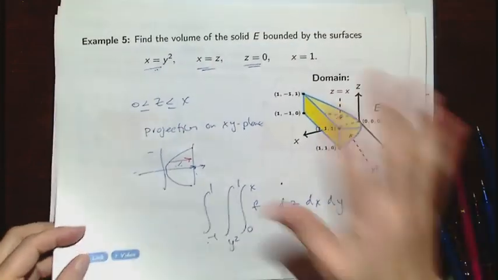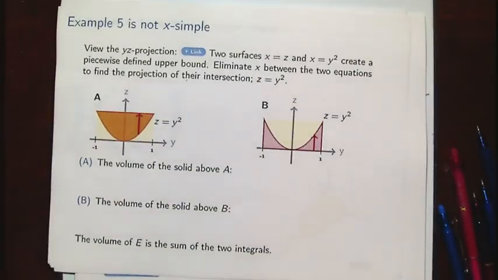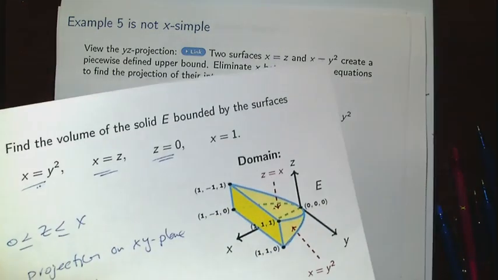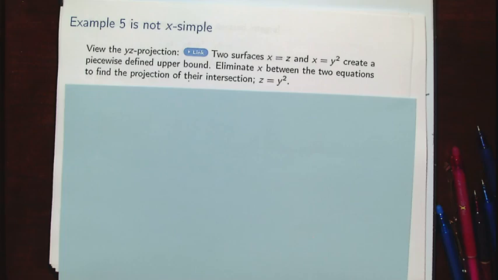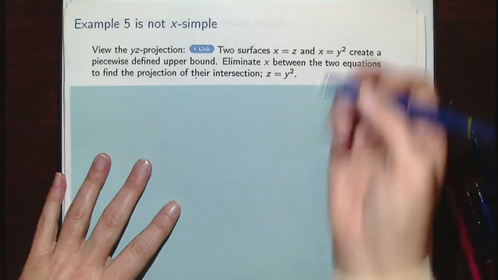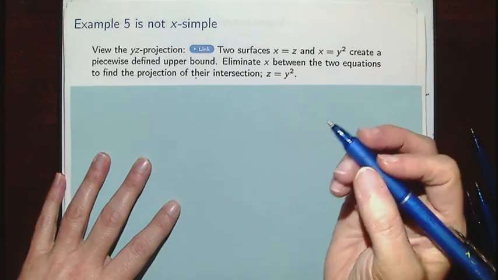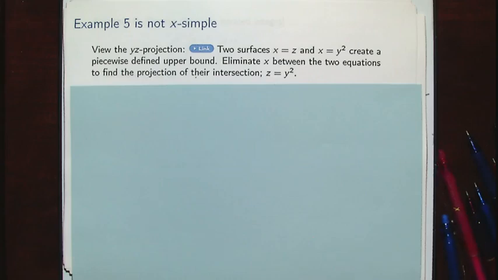So now that I discussed this, what are you guys expecting me to do next? The next thing that I want to say is this. How about I find, what direction was it non-simple?